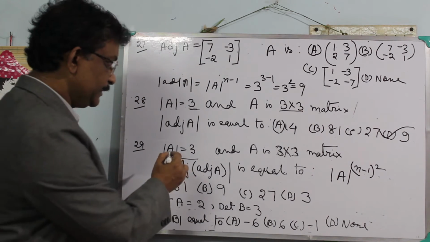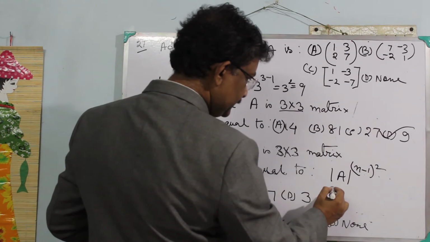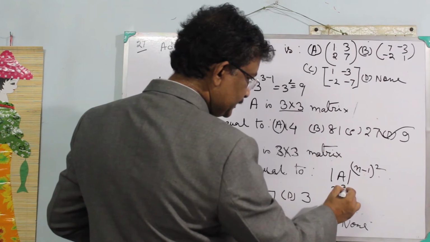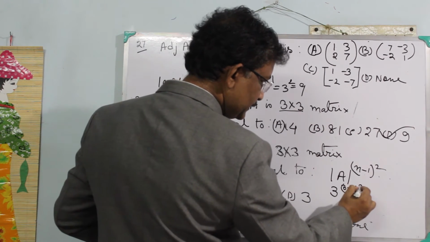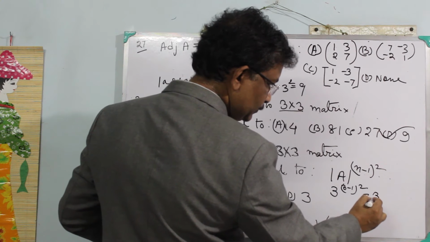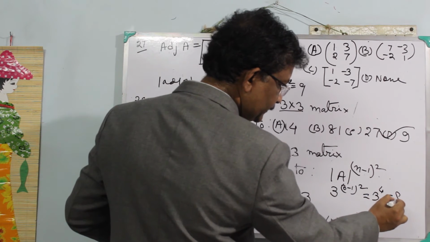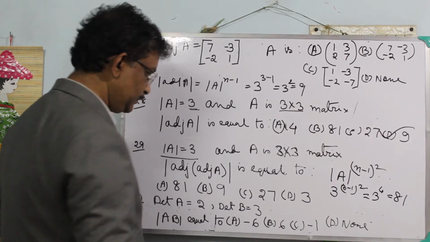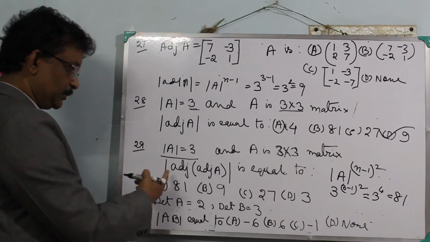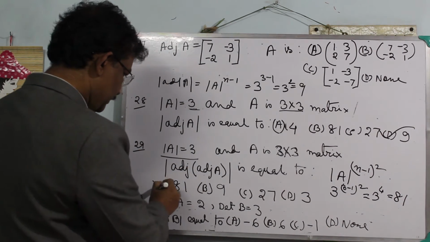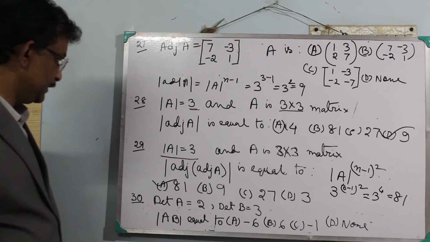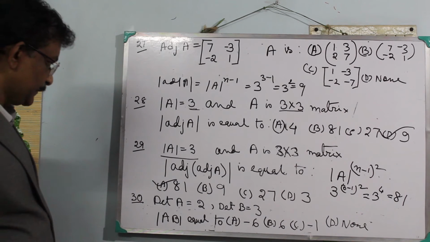So here 3 is determinant A, 3 to the power (3 minus 1) whole square, that means 3 to the power 4, that means 81. 81 is the value of the determinant of adjoint A. So the correct option is A, 81.